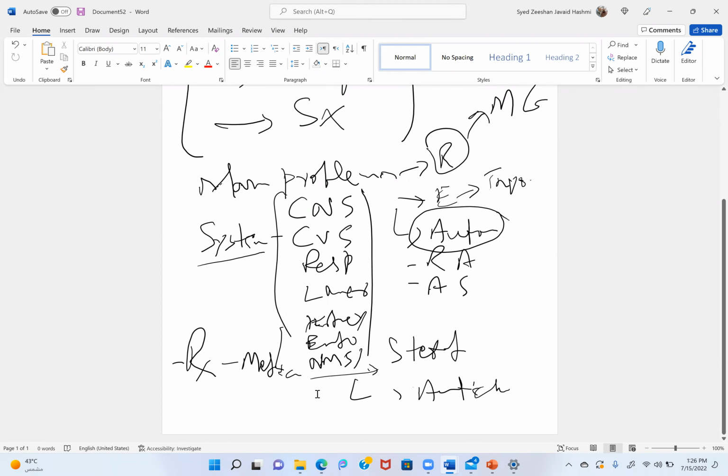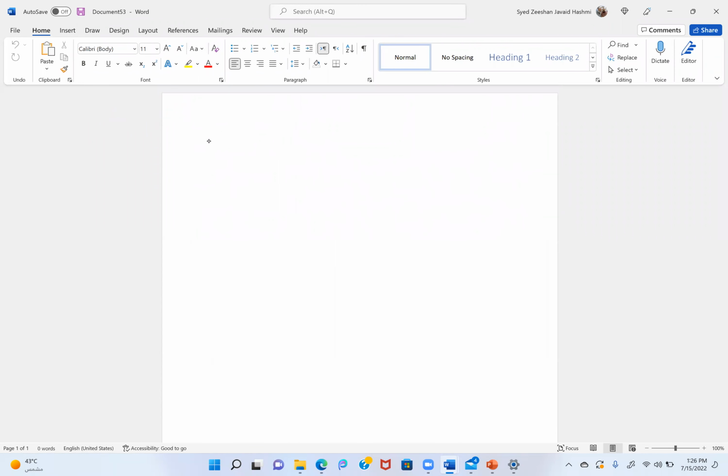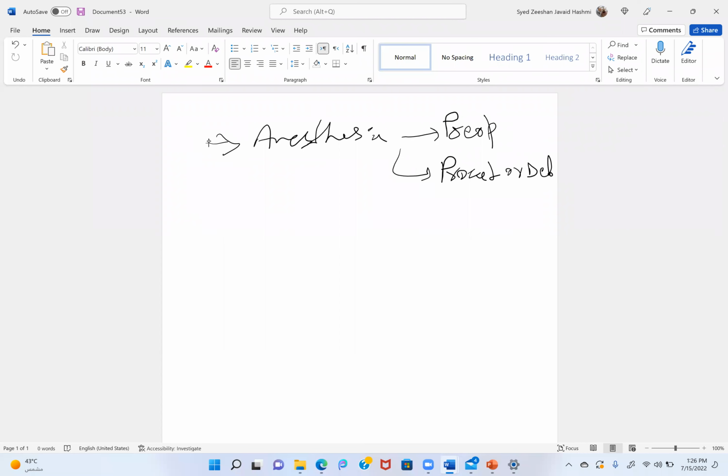Then similarly in the disease, you see what that disease is, what the systemic effects are, and then you think about anesthesia, okay, and you think about all the steps of anesthesia, like pre-operative optimization or preparation, then something which you prepare, whether you want to proceed or delay, okay.